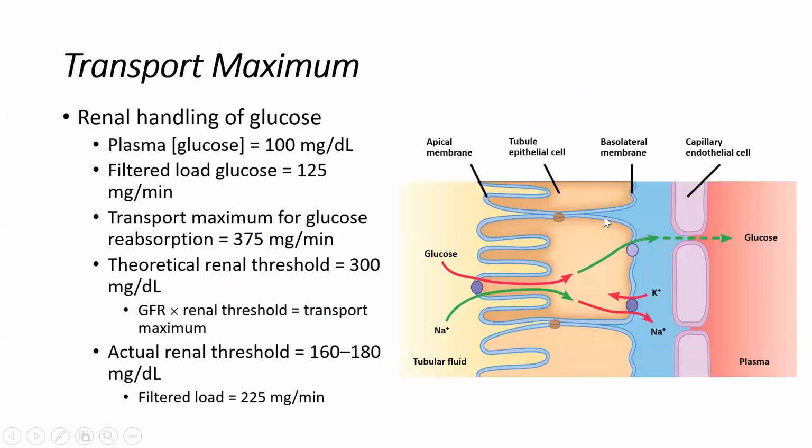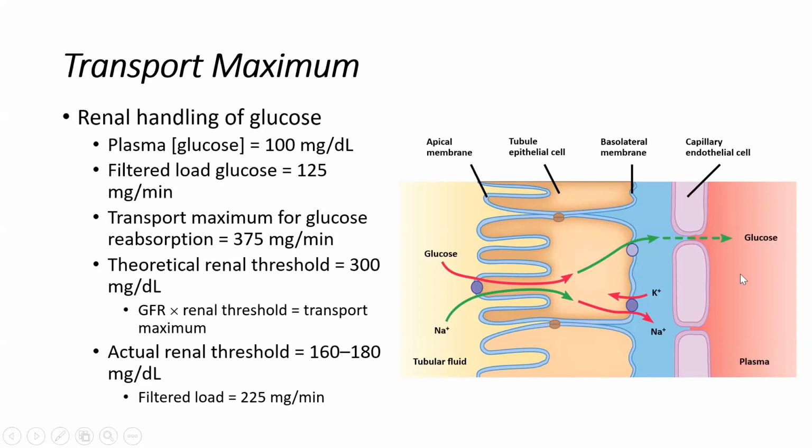So actually, let's go back to this image. We've got the lumen of the tubular fluid and the lumen of the peritubular capillary. In order to move in either direction here, there are certain barriers. The first one is going to be the epithelial cell, the basement membrane of the epithelial cell, the peritubular space, and then the endothelial cell of the peritubular capillary.